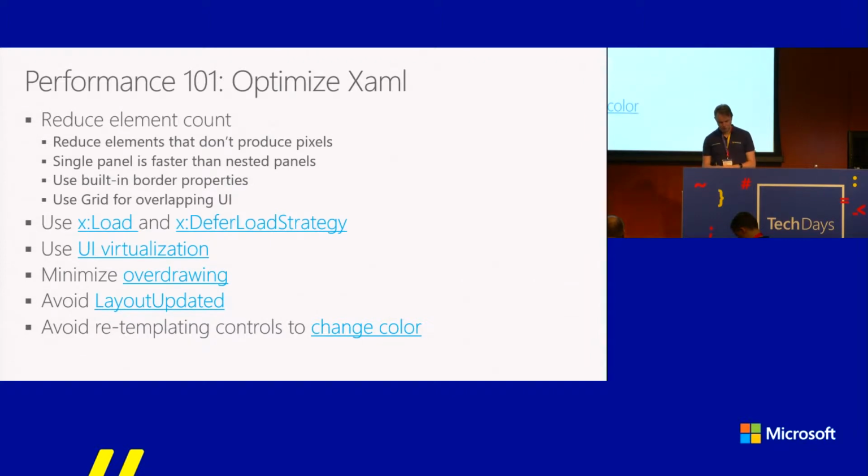So what the XAML team did a couple of releases ago, they defined resources for each of the colors that a template supports. So instead of overriding the template, you can override specific brushes in the resource dictionary for your specific instance of your control, or for all the controls of that type in the whole app. And the link there also has more background info on this.